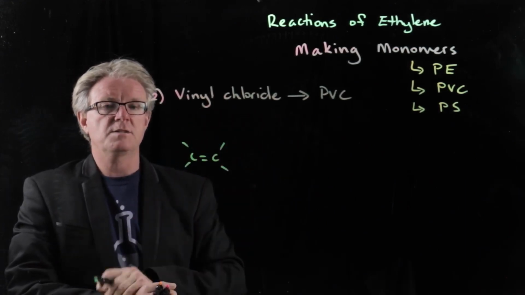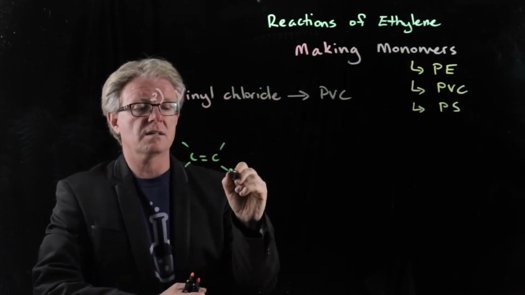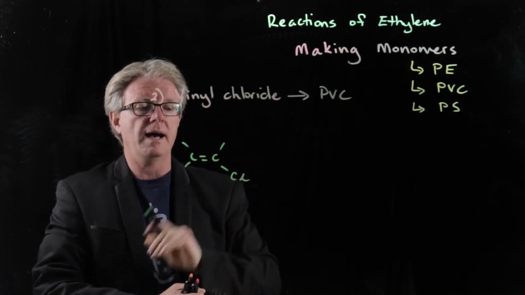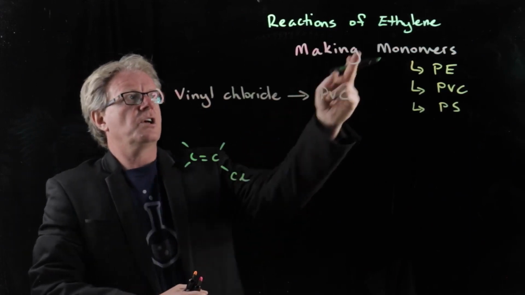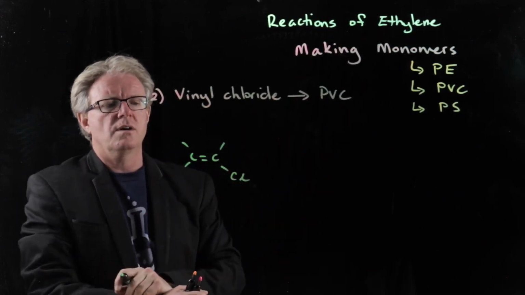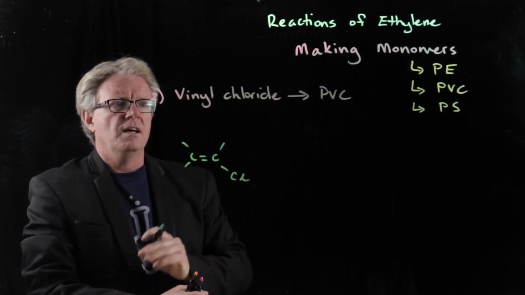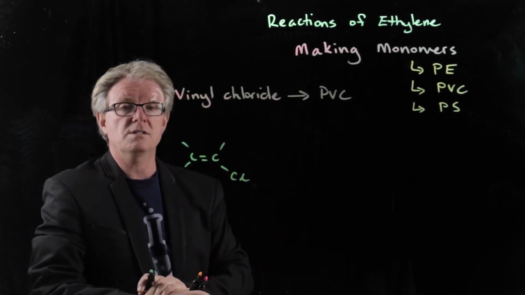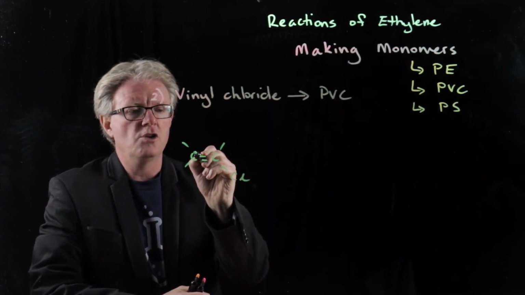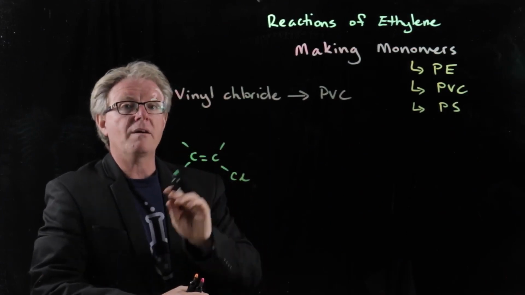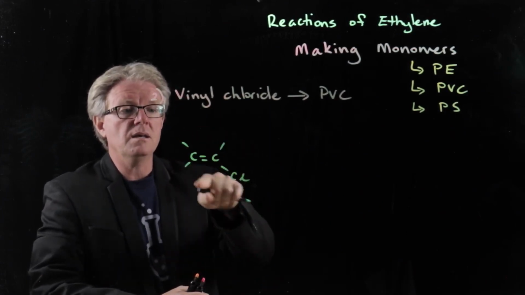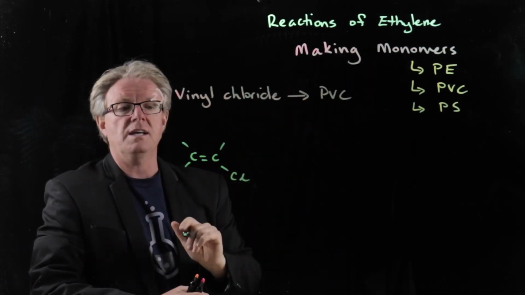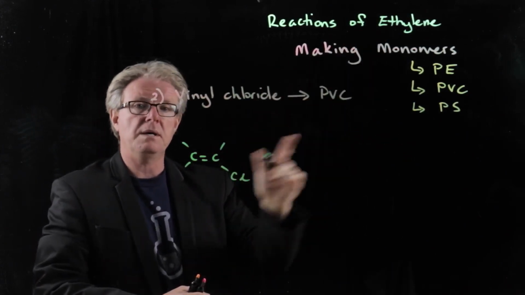It looks like ethylene to begin with, but then we put a chemical group, a chlorine atom, right there. So we're going from ethylene to this compound here. It's not a simple one-step reaction. It requires 2 to 3 reactions depending upon the industrial process. You're not expected to know that, but you are expected to know that this monomer is produced from ethylene, and from this monomer we make PVC.